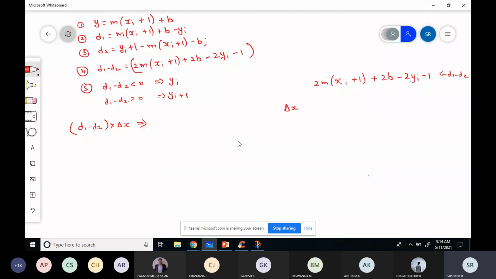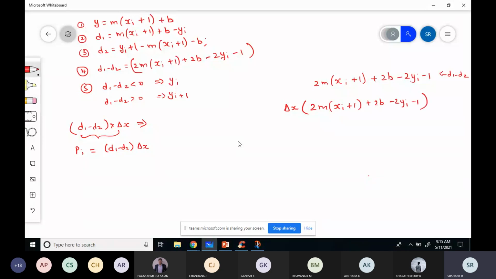I'll simplify this further. This d1 minus d2 into delta x, I'll call this pi. So pi is equal to d1 minus d2 into delta x. The calculation I will do here: delta x into 2m x of i plus 1 plus 2b minus 2yi minus 1.